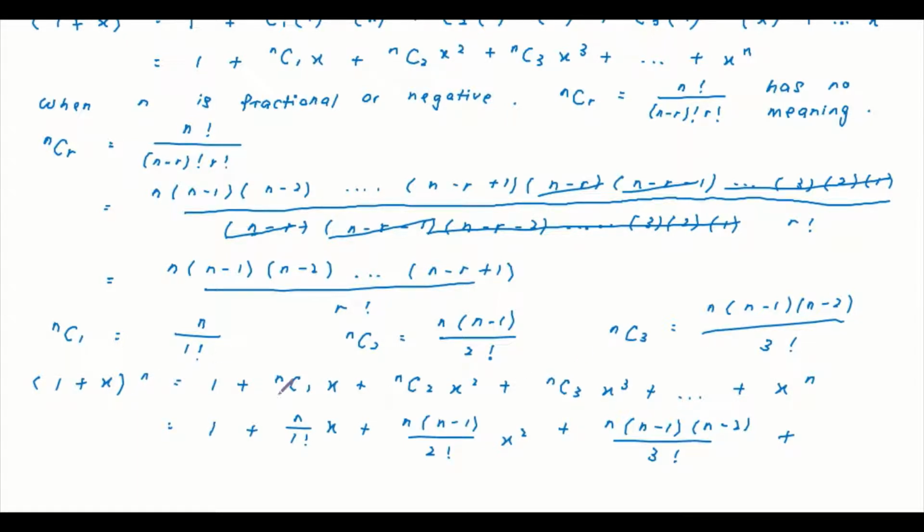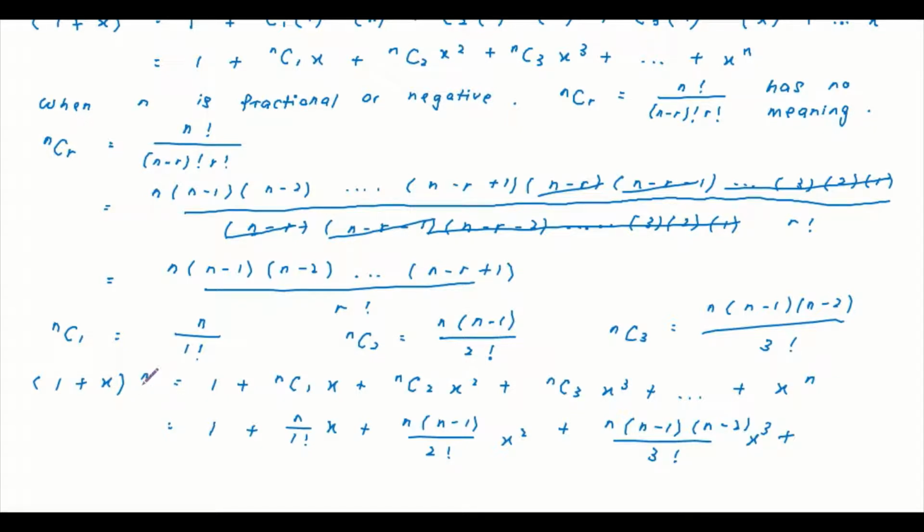So you can imagine that as you continue this series, you wouldn't be able to reach a finite n. Here is x to the 0, then x squared, and x cubed, and so on. You continue with x power 4, x power 5, and so on.